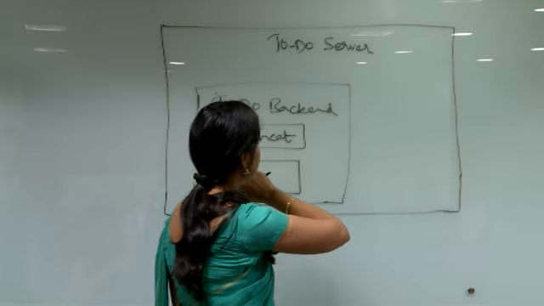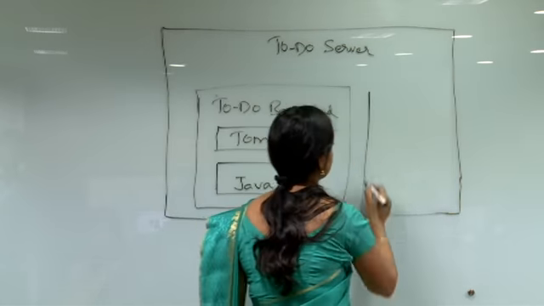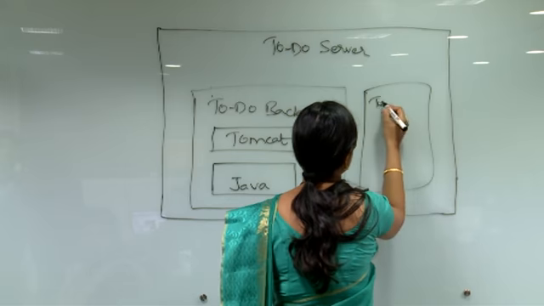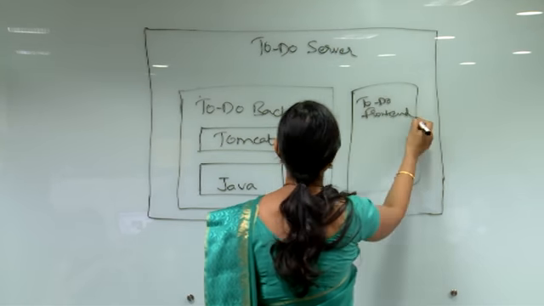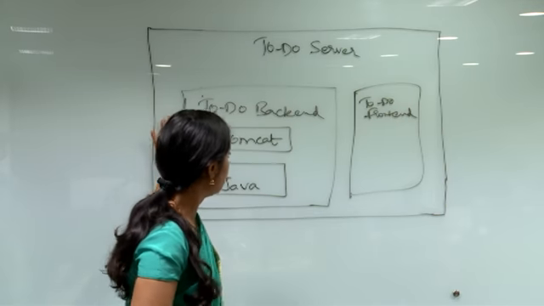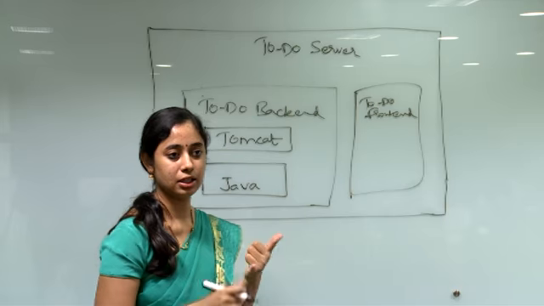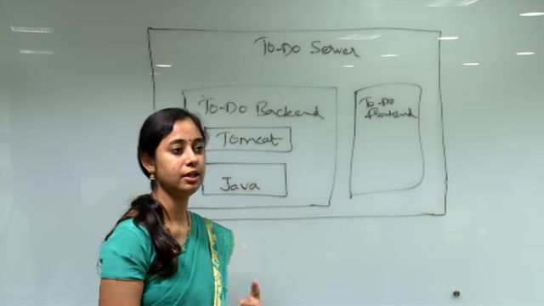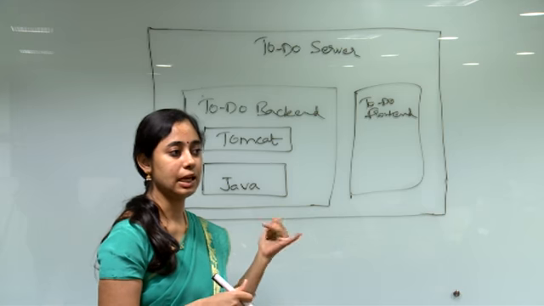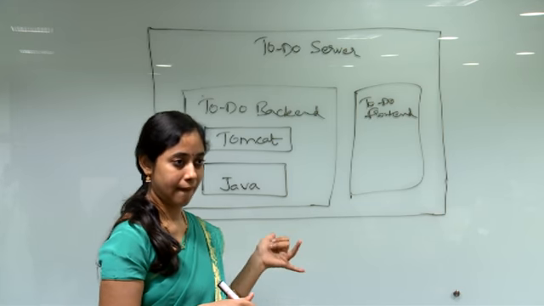machines. It is supposed to host a to-do backend and a to-do frontend. Okay. To-do backend is a Java application, which means you require Java. You require to download and install JDK, and then it can be deployed. It's a WAR file. It can be deployed on Tomcat.